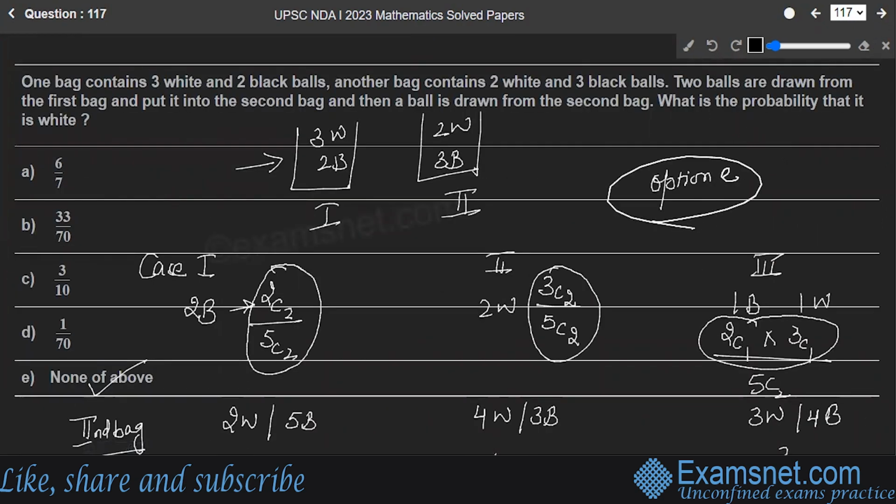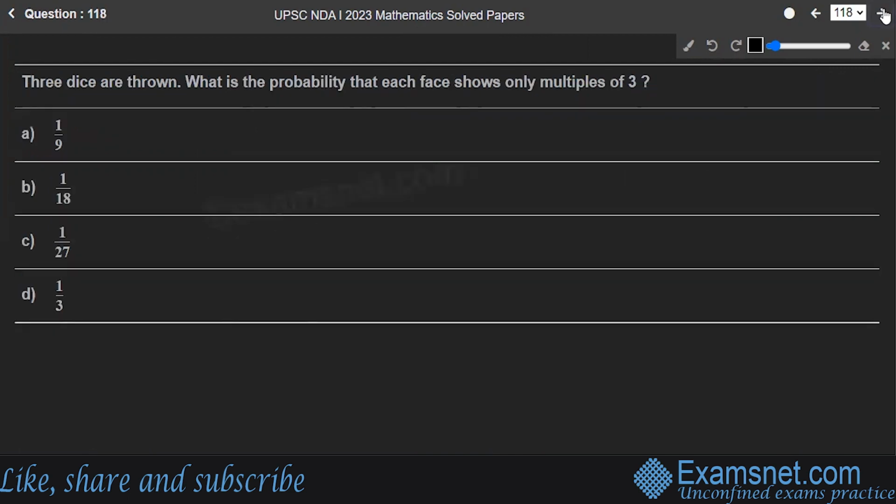Hope you understood this. Next, question number 118. It says 3 dice are thrown. What is the probability that each face only shows multiples of 3? What are the multiples of 3 on the dice? It's 3 and 6.